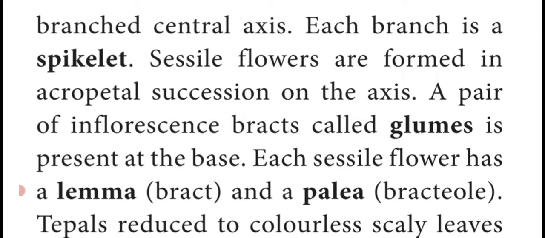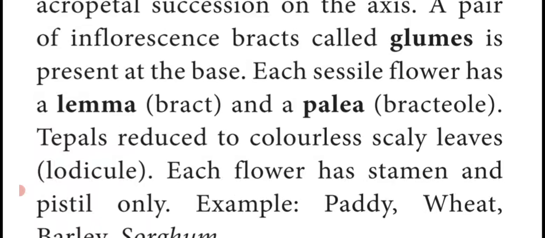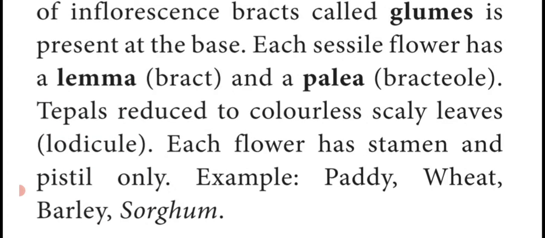So at the base of the main axis along with the branches, it possesses a pair of bracts known as glume. And each sessile flower without stalk contains a bract known as lemma and a bracteole known as palea.